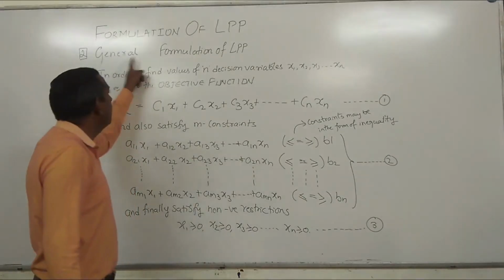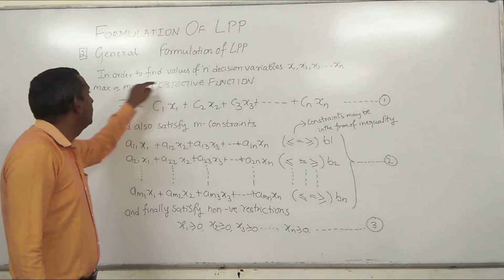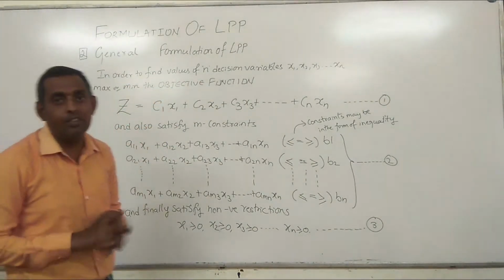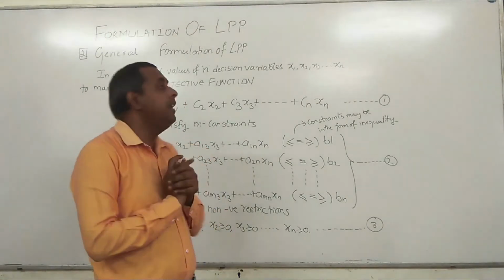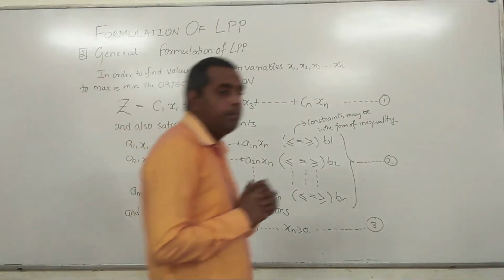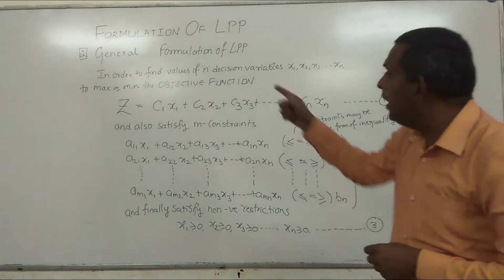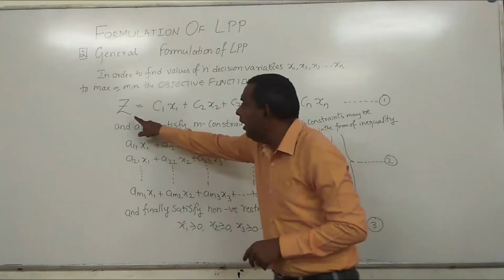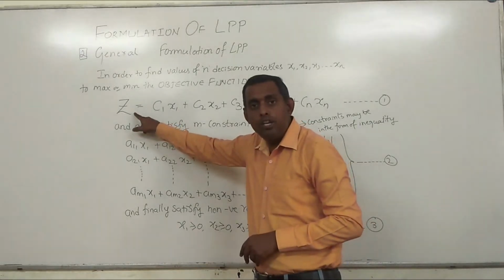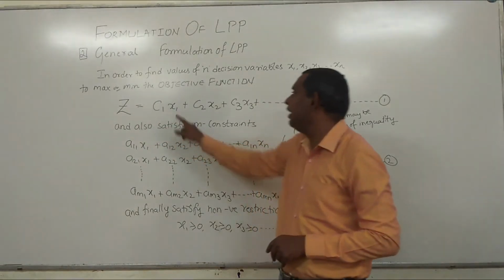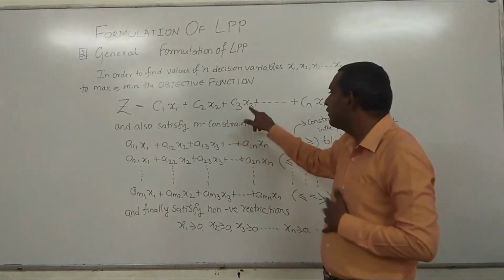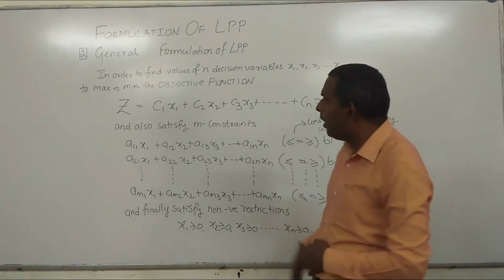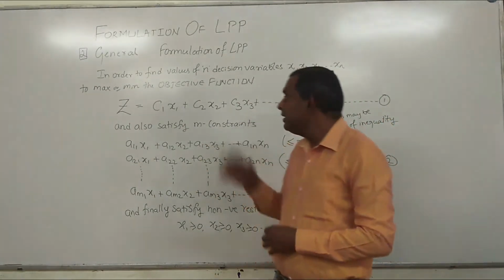So the general formulation of LPP is nothing but to find the value of n decision variables such as x1, x2, x3 up to xn with respect to the objective function, whether it is to be maximized or minimized. So this is the general formulation of LPP, that is z is equal to c1x1 plus c2x2 plus c3x3 plus up to cnxn, which is equation number 1, and also satisfy m constraints.